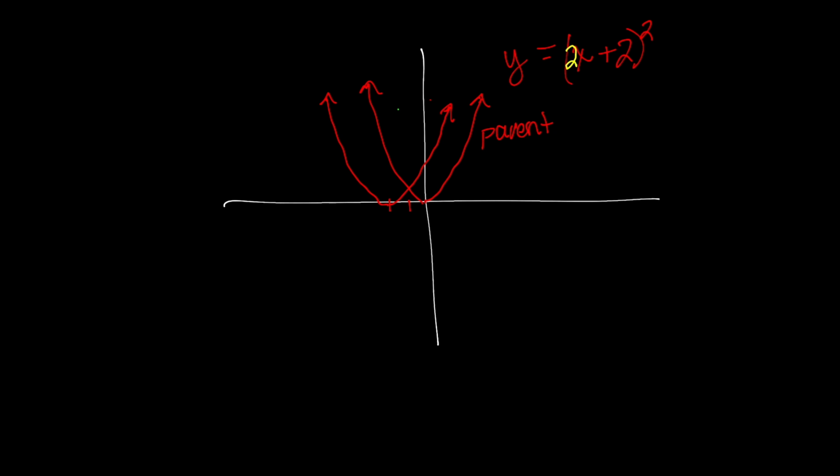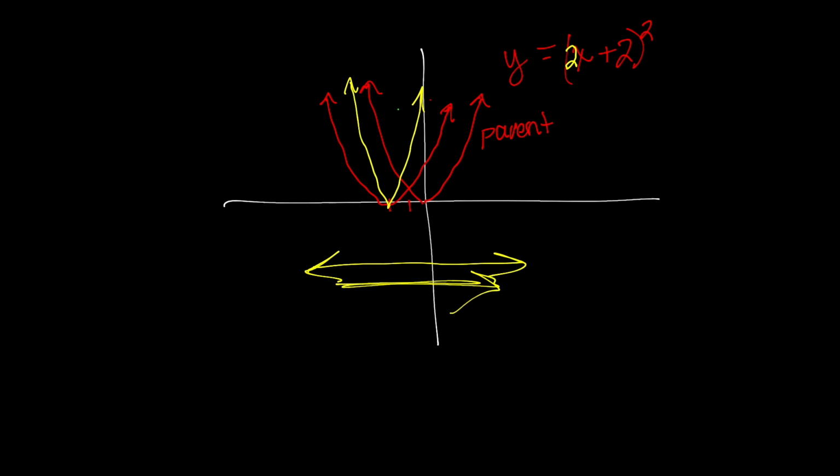So what's going to happen is that it is going to shrink it in the horizontal direction. So it's going to end up looking like this when it gets shrunk in. The horizontal shrink looks very much like a vertical stretch.